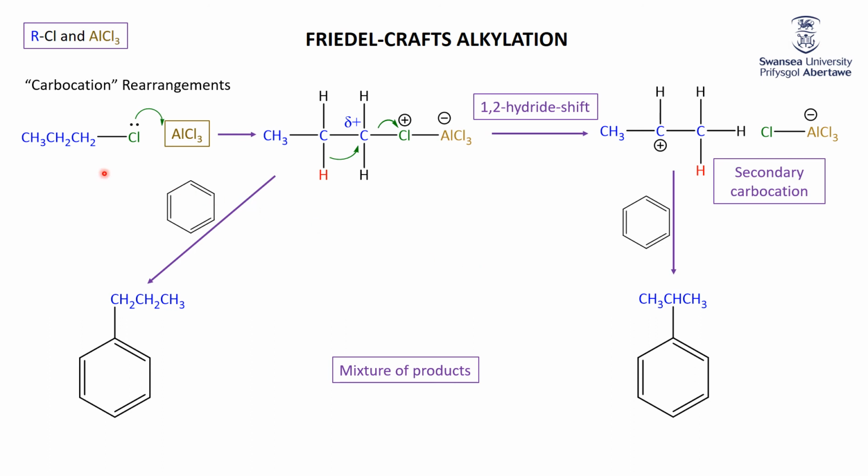However, with primary alkyl halides and secondary alkyl halides used as the reaction, when you get to this complex here, you can either have the complex reacting as we've said before, or you can have some rearrangement, in this case the 1,2 hydride shift. So Friedel-Crafts alkylations, even though they've got a nice cute name, aren't necessarily the most useful reaction for making primary and secondary alkyl benzenes.